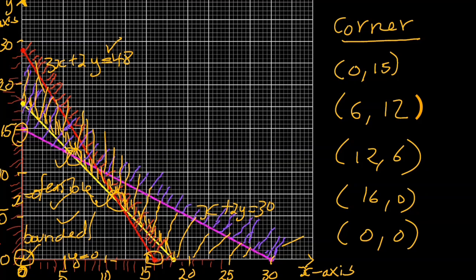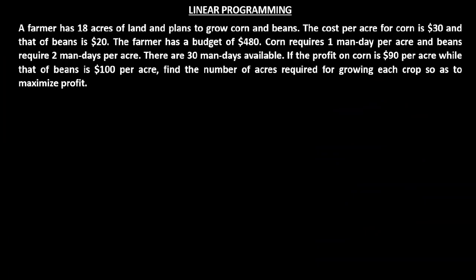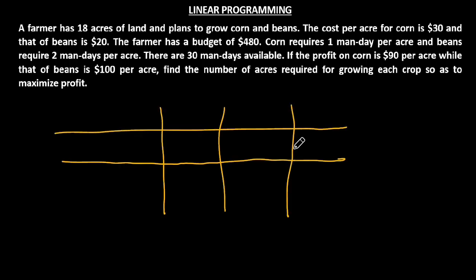So again, I should use a table to maximize the profit properly. I use x here, y here. So x is corn, y is beans. Then my first coordinate is (6, 12).